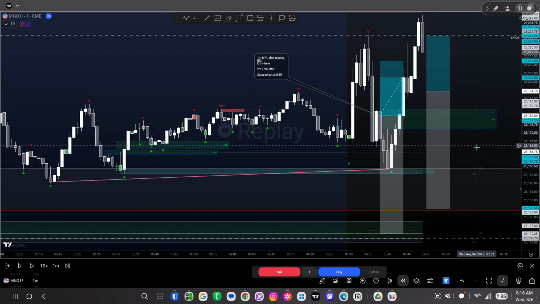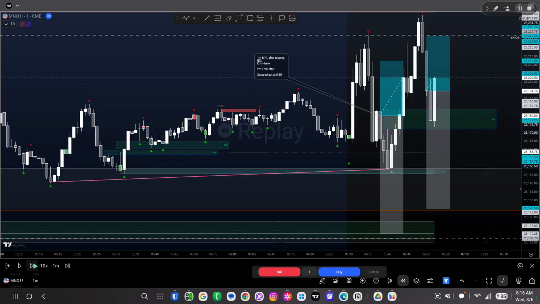But I think I was so focused on strictly my entry model, because it presented again, as you can see, there's an inverse FVG. So I entered, the price is going down, but quickly rejected by the 3-minute FVG, stopping me out.